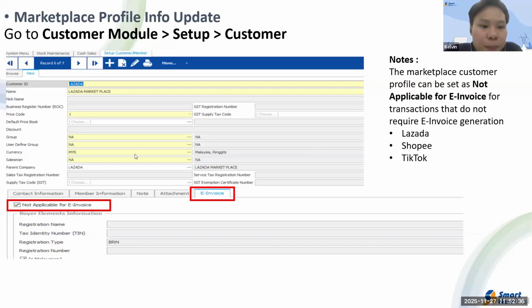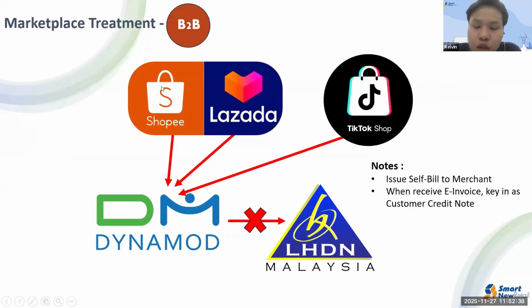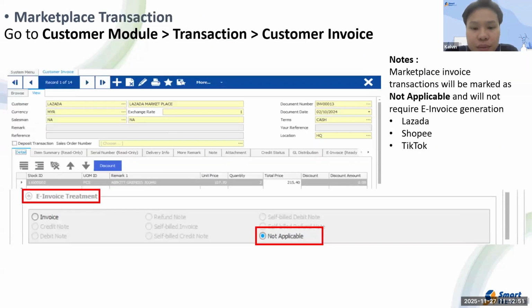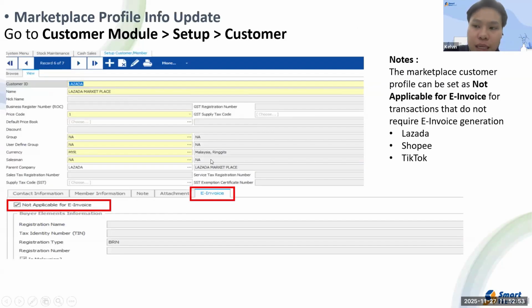So how to submit? Also the same: you create a customer invoice for your Facebook sales and your own website sales, and you submit by using the general TIN number. For those Shopee, Lazada, and TikTok sales, you do not need to submit the invoice.